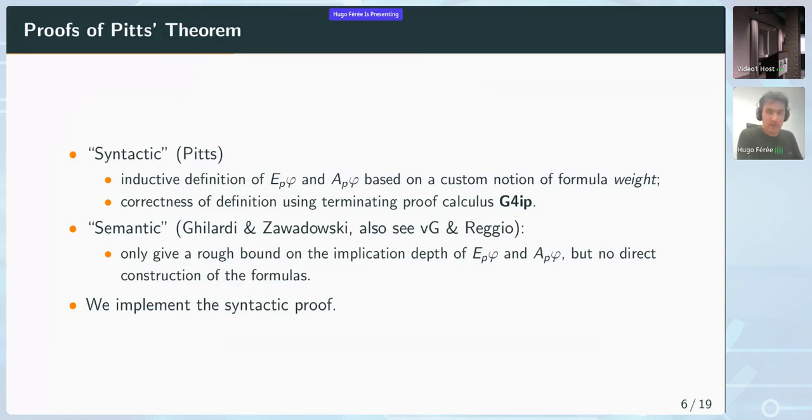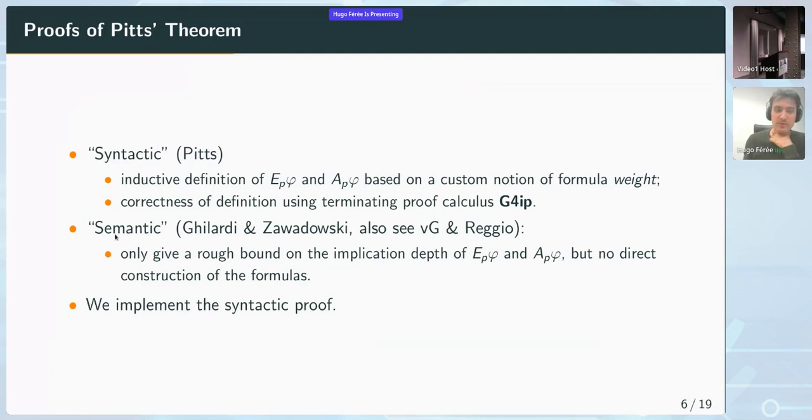There are two large sets of proofs of this theorem. There are syntactic proofs, the original one: we look at the formula phi, and by some rather involved induction, which we're going to see a bit later, you can build the formula. The second one is a semantic proof.